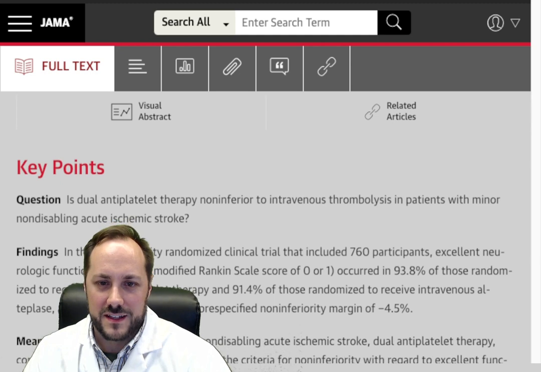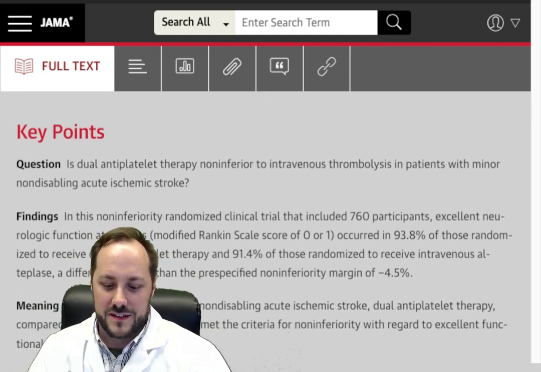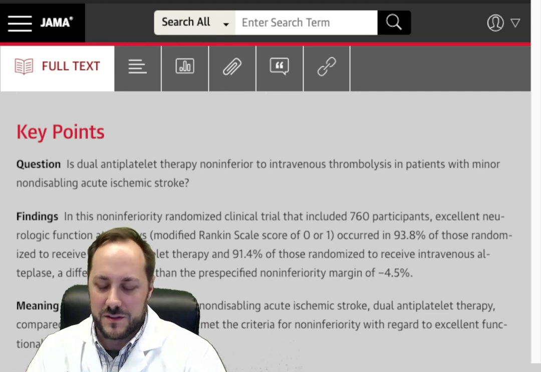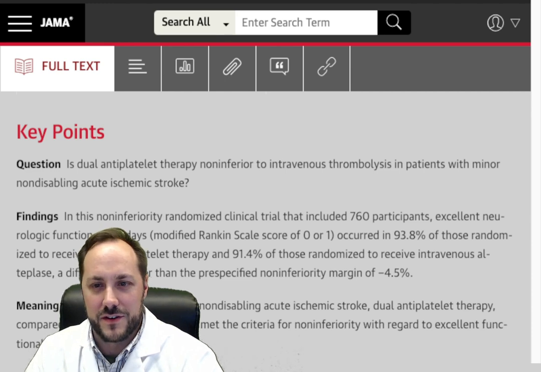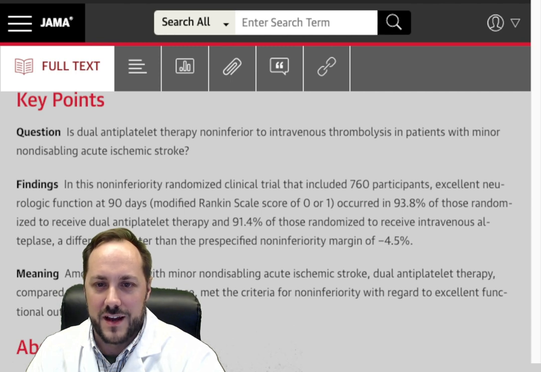But it is asking this clinical question, and this is the most robust data that's available right now. The question being, is dual antiplatelet therapy non-inferior to IV thrombolysis? The design would be a non-inferiority randomized clinical trial.